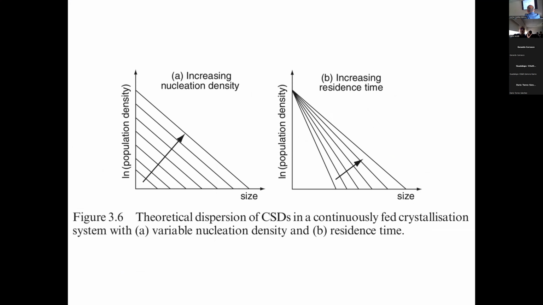And basically, by changing the slope, you change the residence time. If you have a very steep slope, the residence time will be shorter. Comparing the same flow rate, decreasing the slope, you increase the residence time.